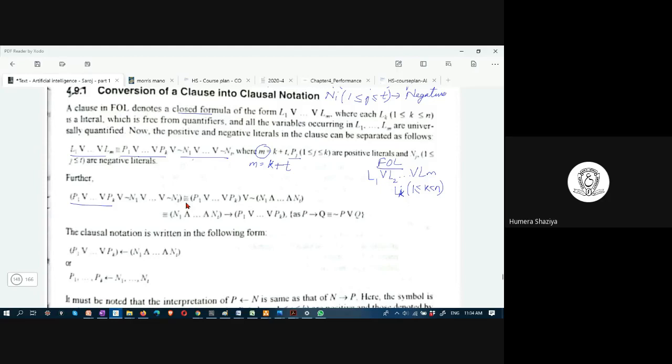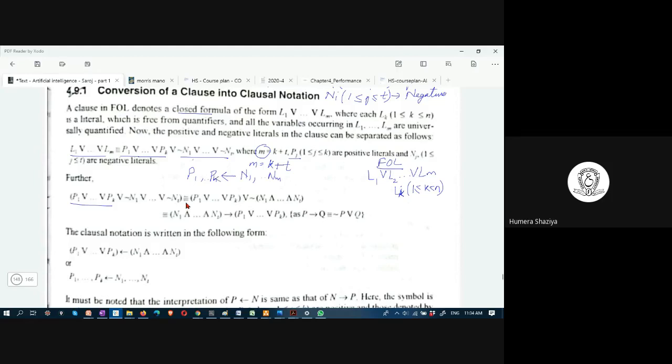However, in this logic programming, all the literals must be in one of the forms, either positive or negative. We can have positive literals P1 up to Pk, back arrow, N1, N2 up to Nt.